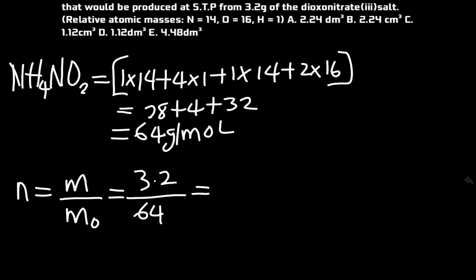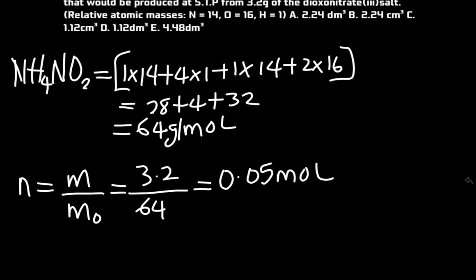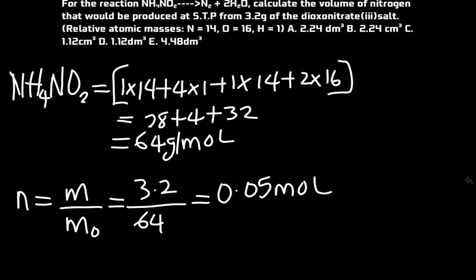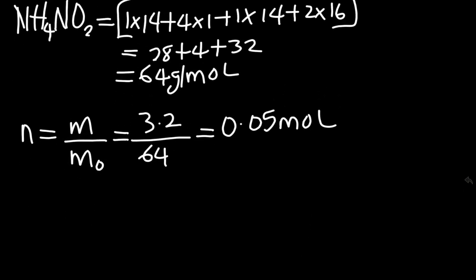Now, what does my calculation show me here? 0.05, the unit is mole. Now, to the last step. The last step, you solve for the volume, because they say calculate the volume of nitrogen. So in solving for the volume of nitrogen, you make use of volume equals mole times volume at STP.